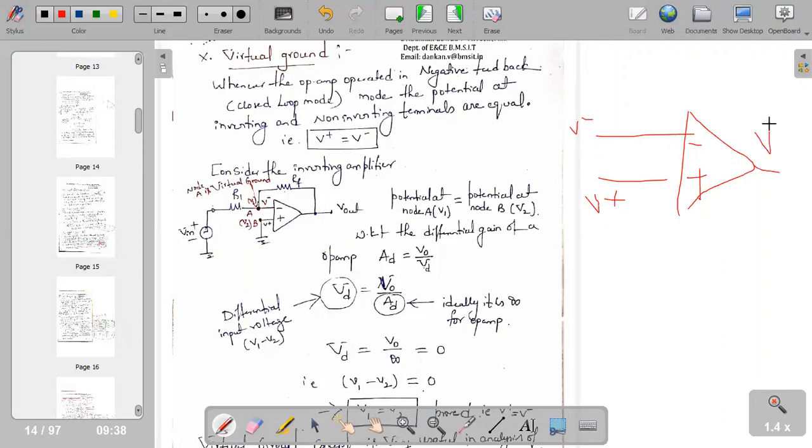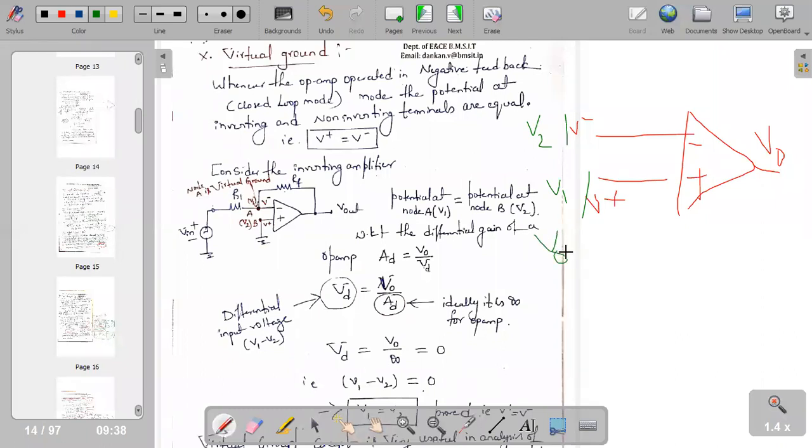The op-amp output is V out. Or we can call V plus the voltage V1 and V minus the voltage V2. So what is the output voltage we can write here? It is V out is equal to what?